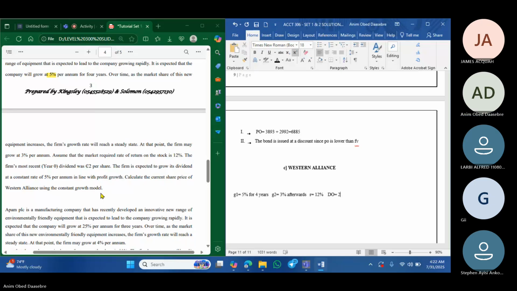So to find the share price of dividends, all we need to do is to discount all the dividends to present. So you first of all grow the 2 cedi dividend that was paid today.